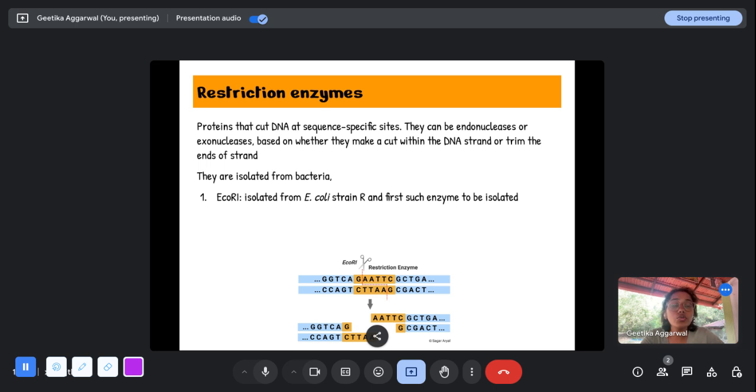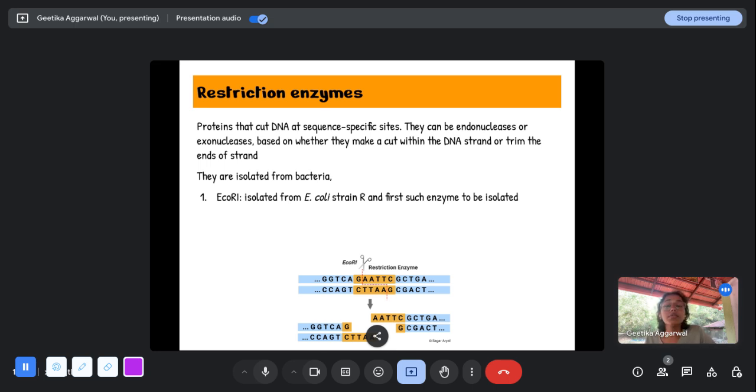What the viruses do is they try to inject their own DNA or their own RNA into the bacterial cell, and then they make the bacterial cell multiply the viral DNA and also produce the viral coat so that the virus gets multiplied at the expense of the bacteria. These restriction enzymes protect the bacteria by actually cutting down the virus's DNA. When a virus injects its DNA into the bacteria, these restriction enzymes snip the virus's DNA, and now it can no longer impact the bacteria.